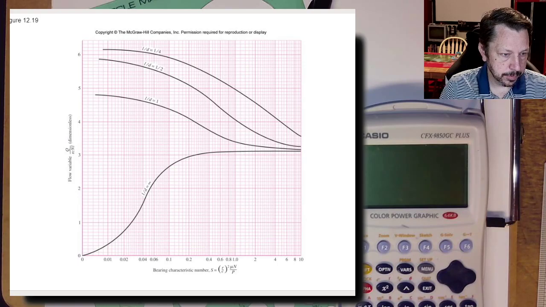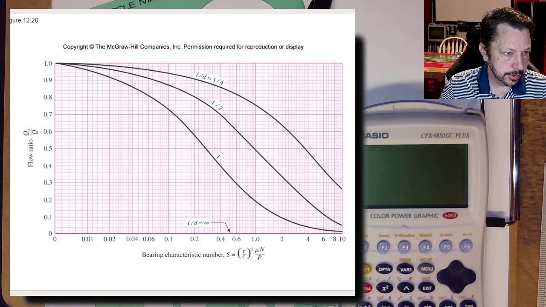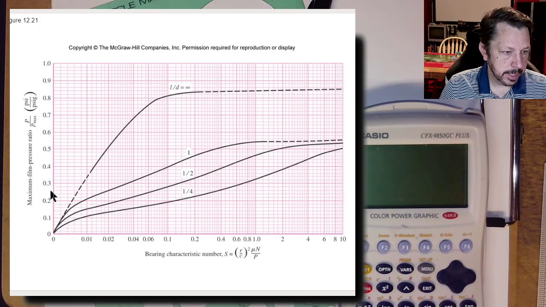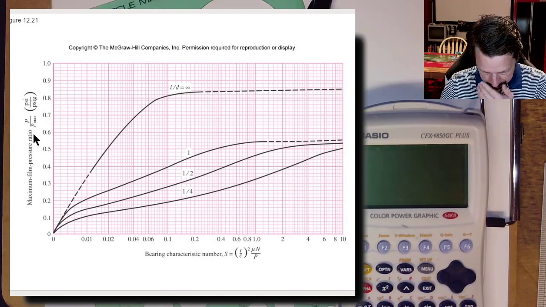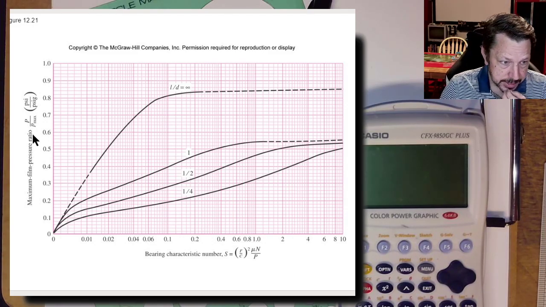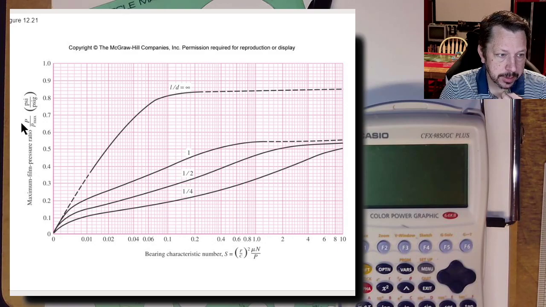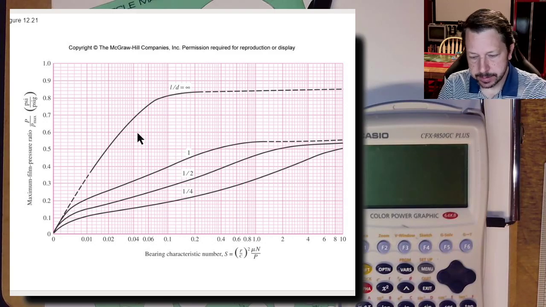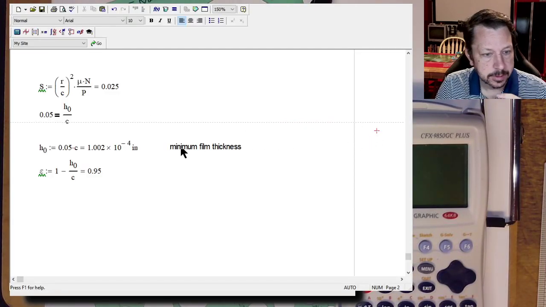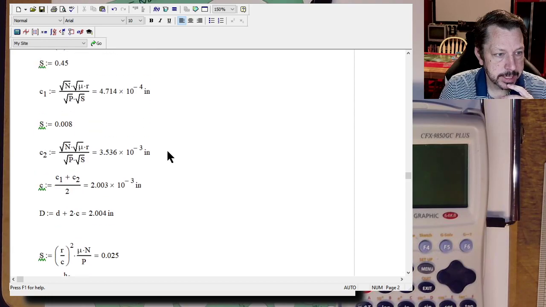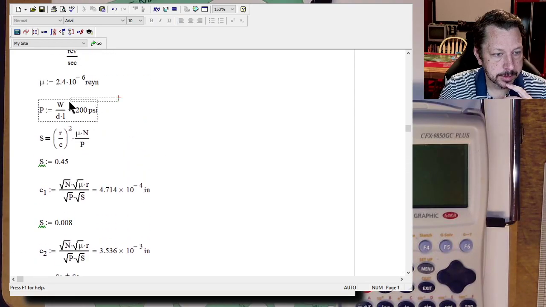Let's see, where's film pressure? Flow variable, flow ratio, maximum film pressure ratio. We're going to do that one. So this is the ratio of the maximum pressure to the pressure that we calculated early on. P, right here.